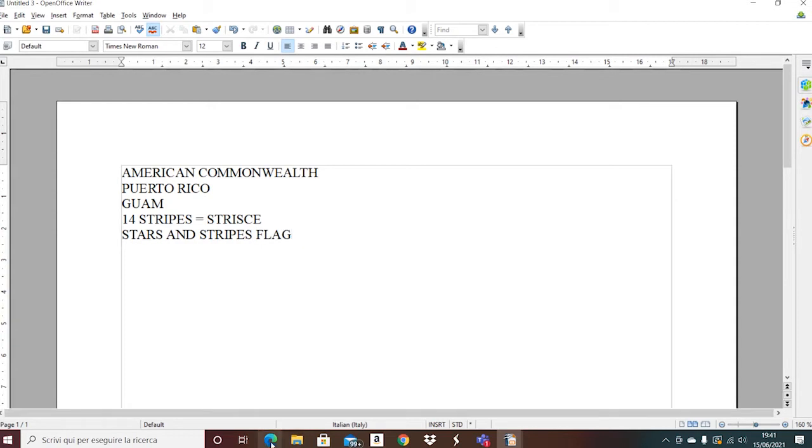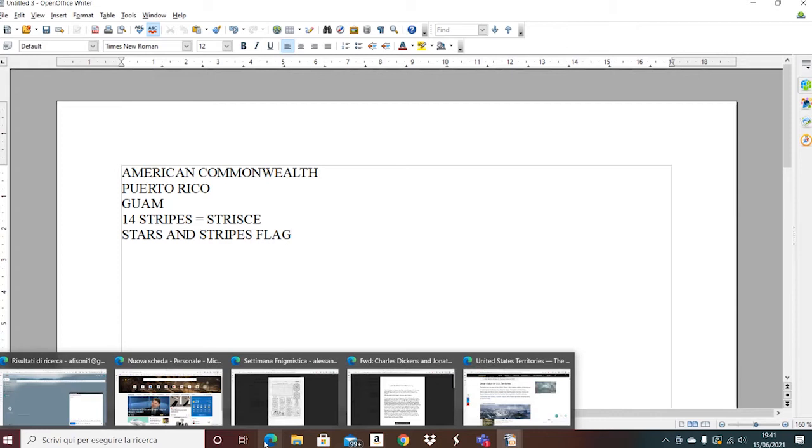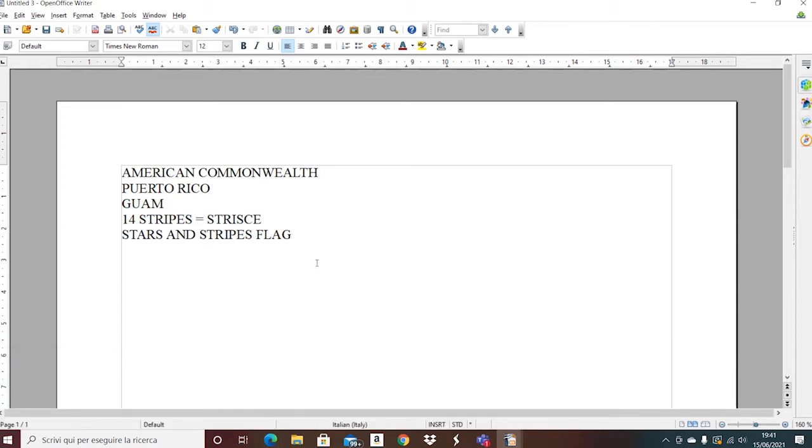The main difference is that the original states can be traced by looking at the stripes.